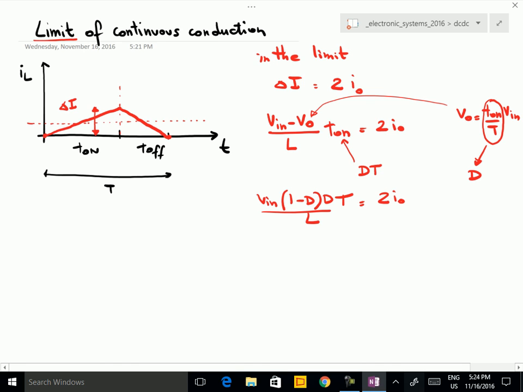And then we can compute the current. So this is the current at the limit of continuous conduction.